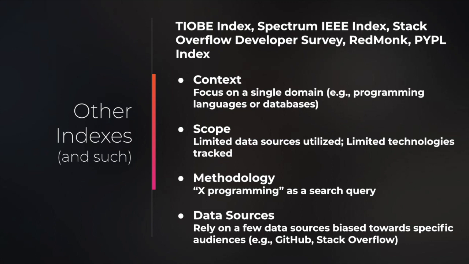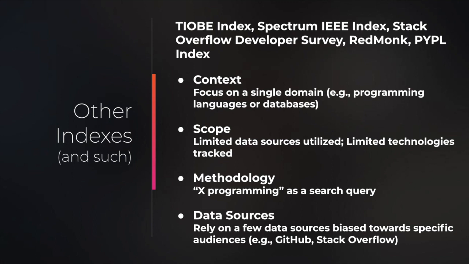So these other indexes also typically use just a few data sources, and there can be a risk in that approach of being biased towards specific audiences. But on the other hand, if we're thinking about programming languages, and you're using GitHub, Stack Overflow, and Google Search, then you're probably not too worried about bias, right?